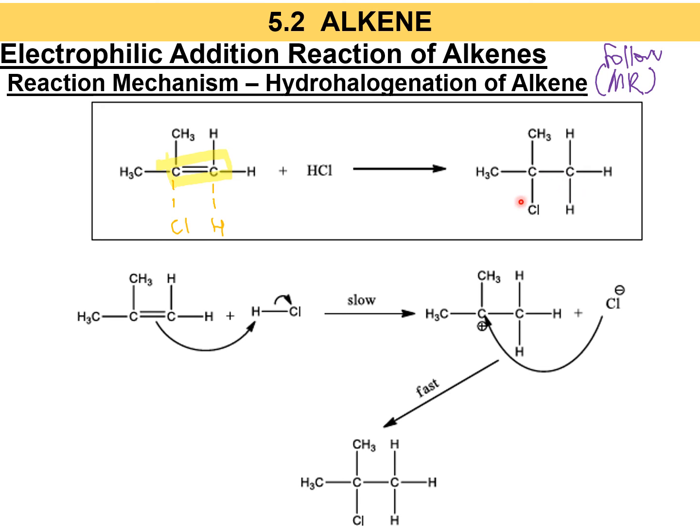Okay, so dia punya reaction mechanism dia macam mana, kita dah tahu dah dia punya produk dia apa. So make sure bila you buat reaction mechanism, you akan dapat the major product yang you have done here lah.